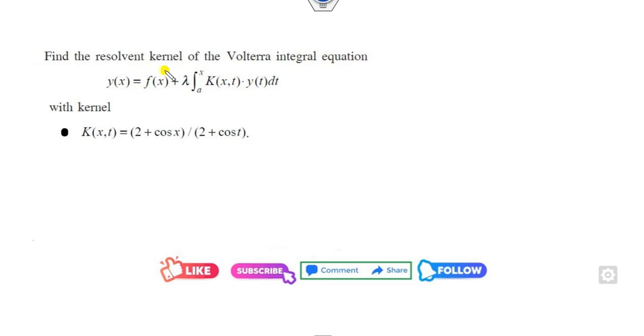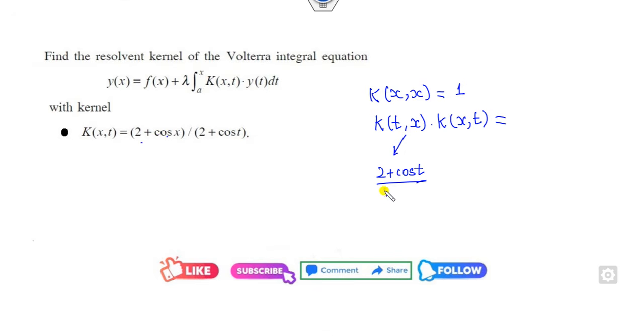Firstly, can you find the resolvent kernel? First check whether the properties are satisfied. What is k of x comma x? It is 1. First property satisfied. What is k of t comma x times k of x comma t? Clearly, when you substitute, k of t comma x is 2 plus cos t divided by 2 plus cos x, and k of x comma t is 2 plus cos x over 2 plus cos t.